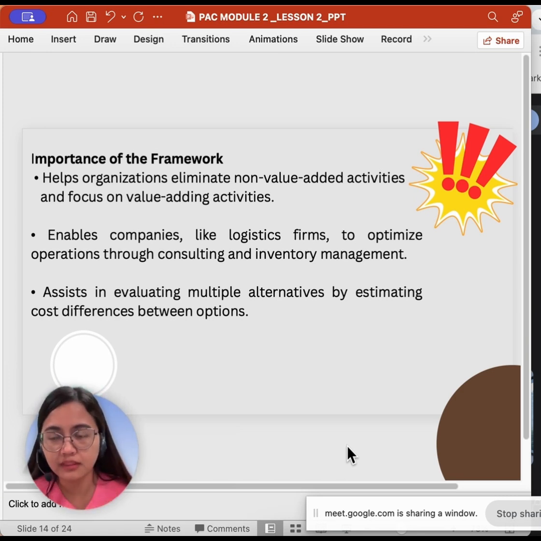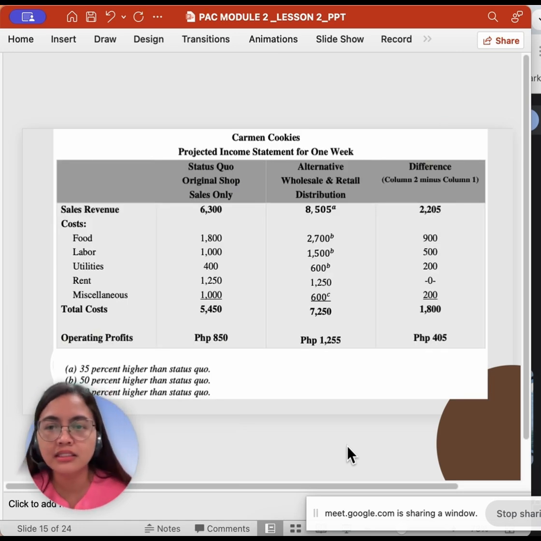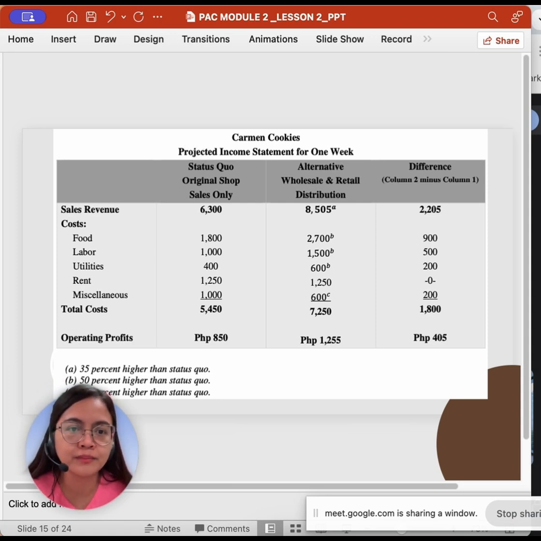Okay? And another example here is Carmen Cookies. In your module, it is labeled status quo, original shop sales only. This means the current business model where cookies are sold directly in a shop.